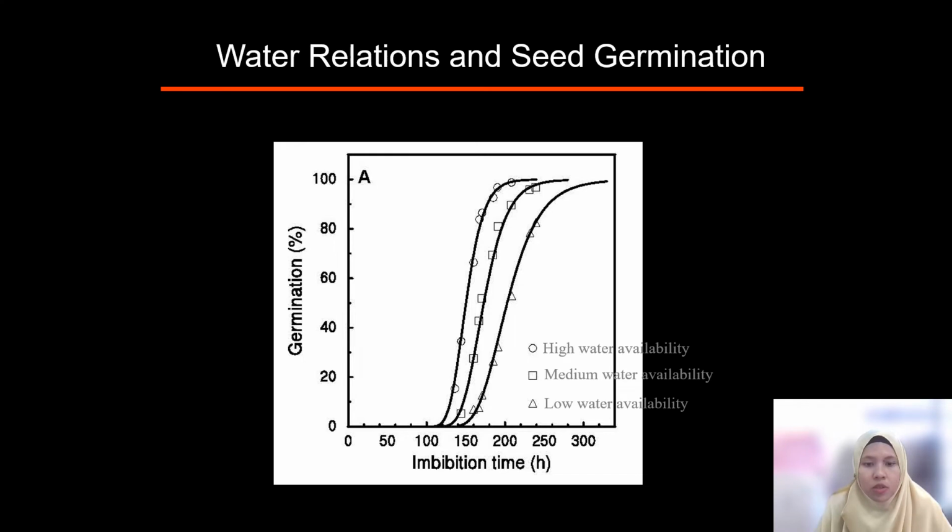Okay, so the imbibition time is lower, and the germination rate, the germination percentage, is higher. So it is the amount and the availability of the water that will influence the germination of the seeds.